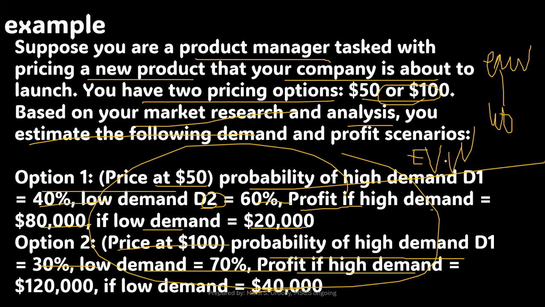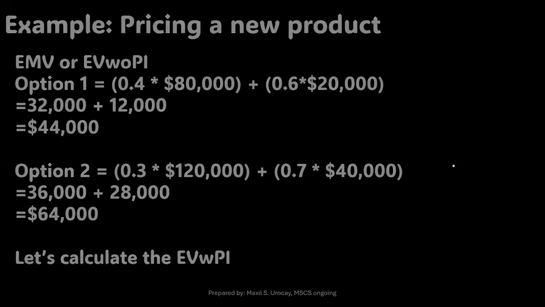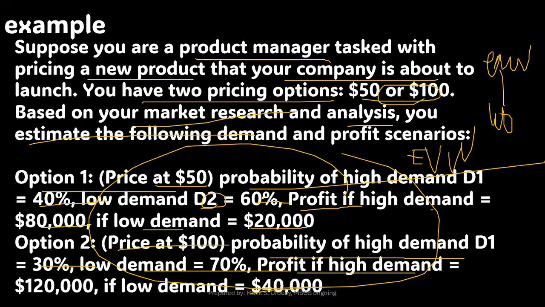So for the expected value of perfect information, we'll begin to deal with that. For the expected monetary value, or expected value without perfect information, you will simply deal with this. For option one, 40% if profit is high, times the high profit, and 60% if low, times the low profit.